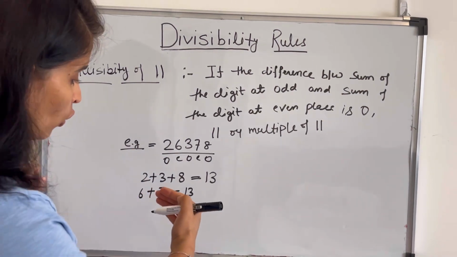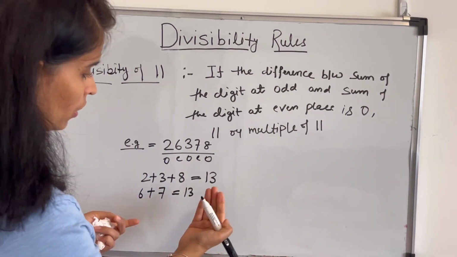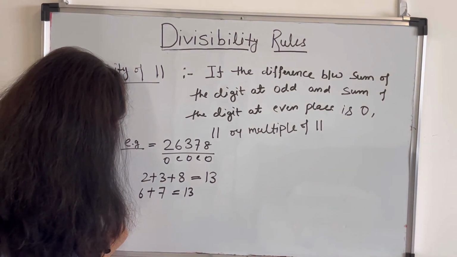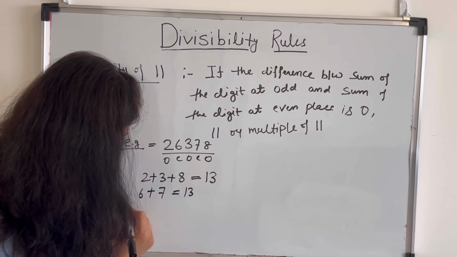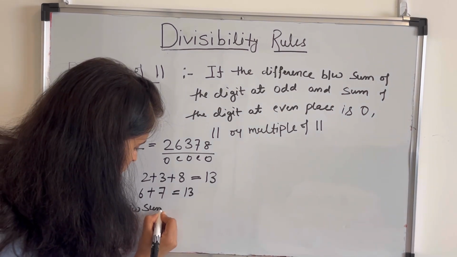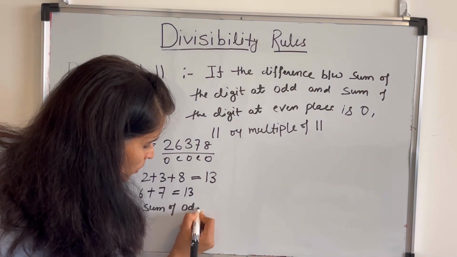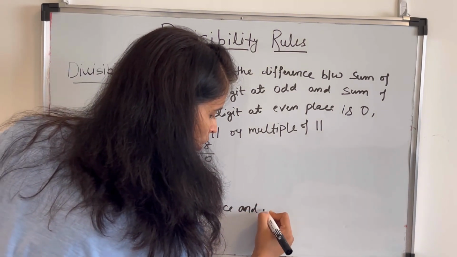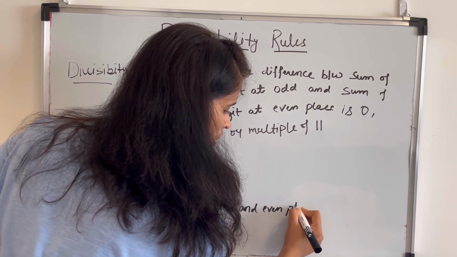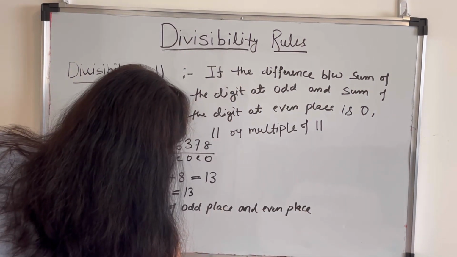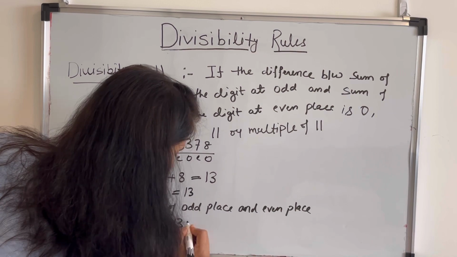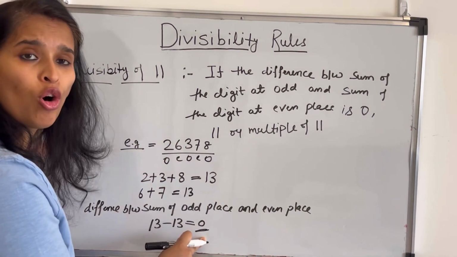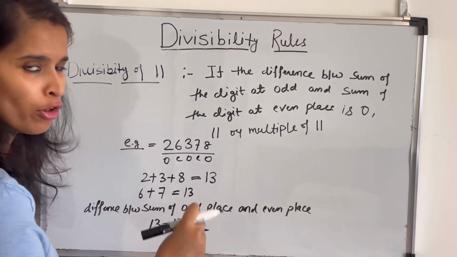We need to find the difference between the sum of even places and odd places. So this is 13 minus 13. This is 0. This number should be either 0, 11 or a multiple of 11.